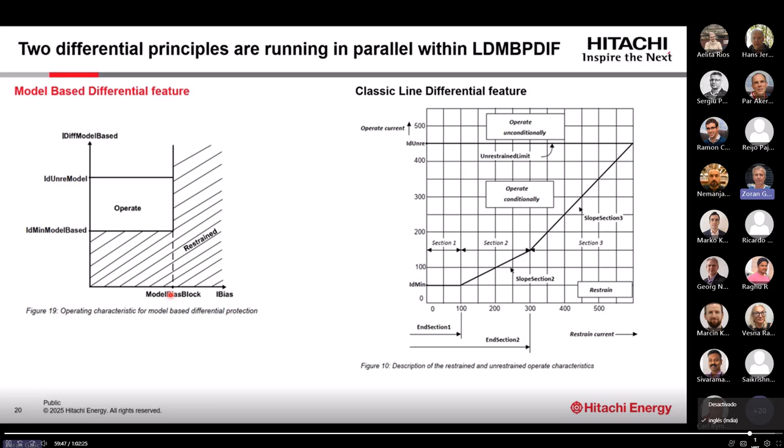Therefore, if your bias becomes bigger than 200%, then we practically automatically block the model-based, because if the currents are high, you really don't need the model-based, or you have more risk that it will maloperate. This is settable, but we recommend setting it between 200 and 300%. And this automatically takes away the model-based, and only the classic one is in operation for high current conditions.